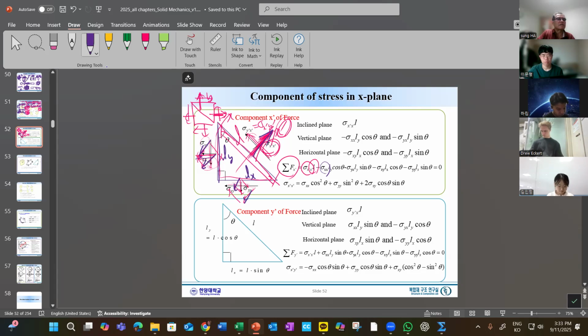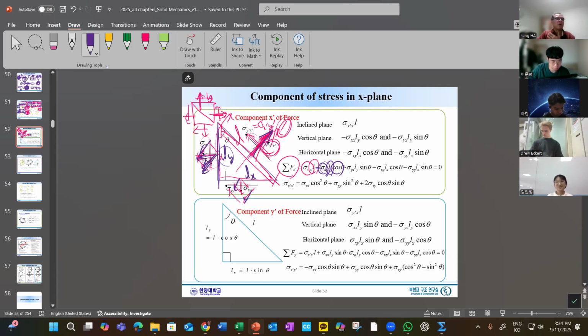Now sigma xx, to get the force, we need to multiply by ly. So sigma xx times ly will give us the force. Force means this one, and then we have this component at a certain angle. That's why we have sigma xx cosine theta, and then a minus traction. This is a minus traction.